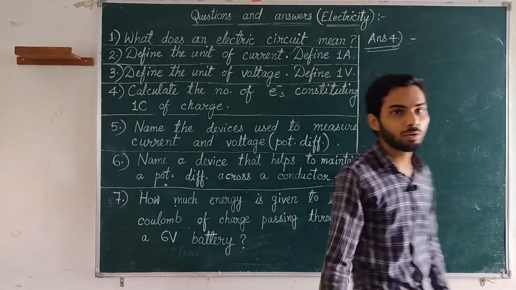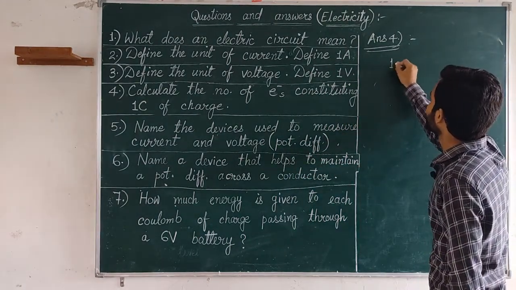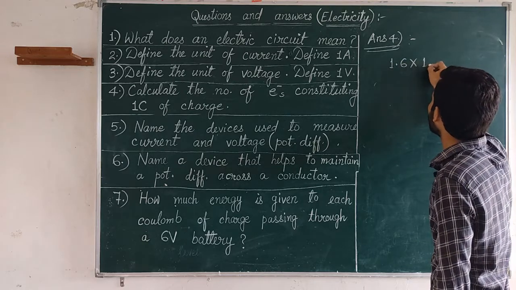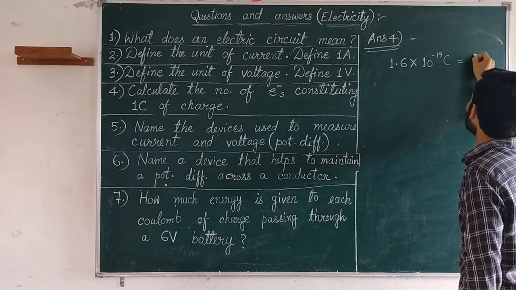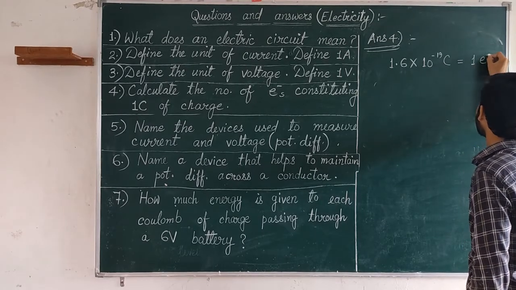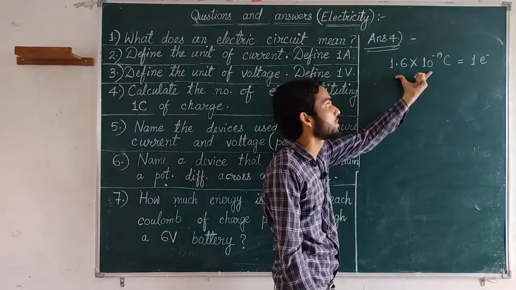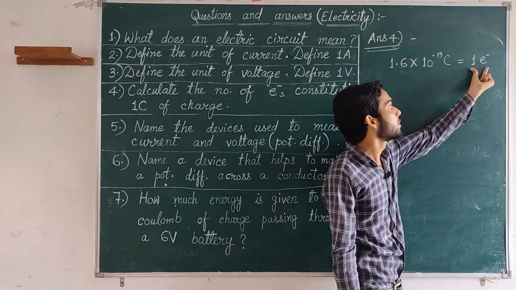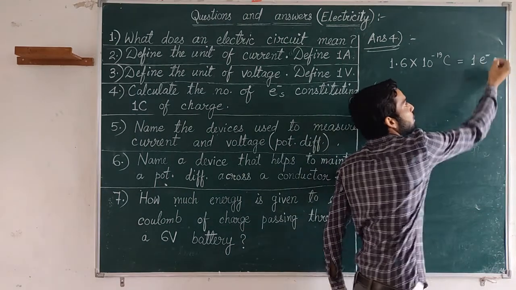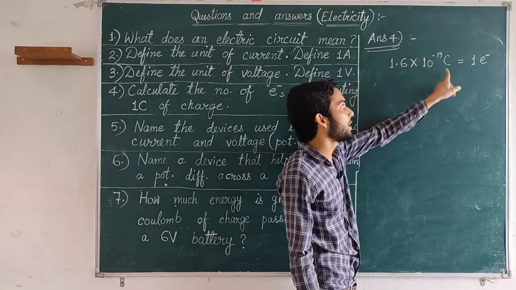So we all know that 1.6 into 10 to power minus 19 coulomb is equal to 1 electron, because the charge on 1 electron is equal to this. The charge on 1 electron is equal to 1.6 into 10 to power minus 19 coulomb.